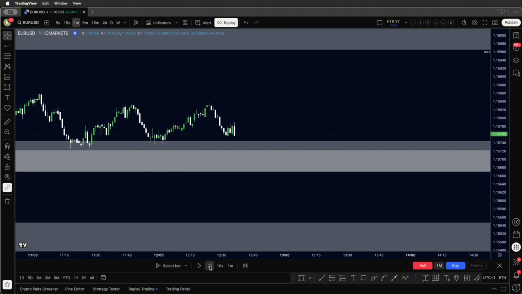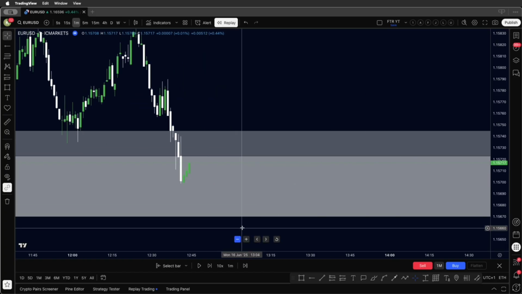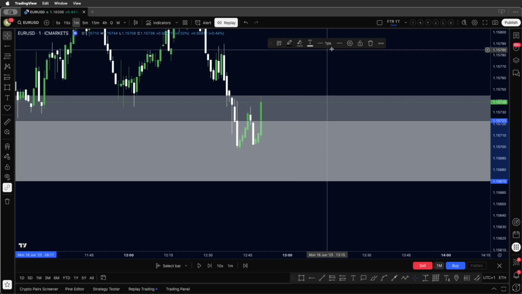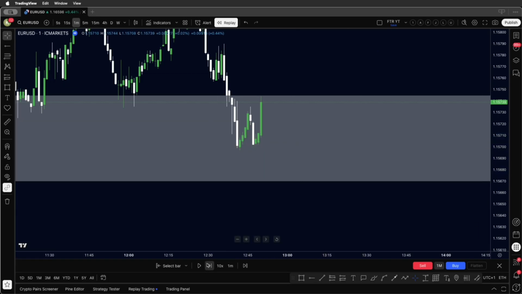Oh, it jumped a bit. There. Oh, there we are. It's quite hard to see that, so I'm going to zoom in, but I'd like to get an entry. That is really hard to see. I'm just going to get rid of that one.